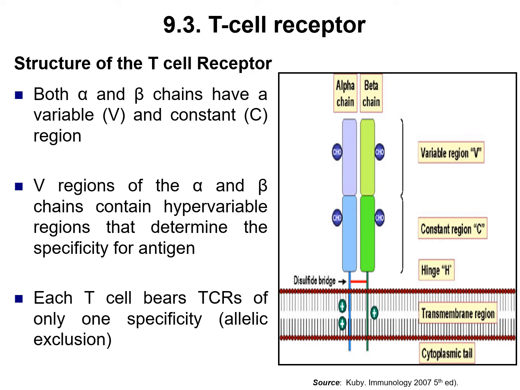Both the alpha and the beta chains have variable regions, which means they can change, and a constant region. The variable region is hypervariable and can determine the specificity of the antigen. Each T cell bears a TCR of only one specific allele.